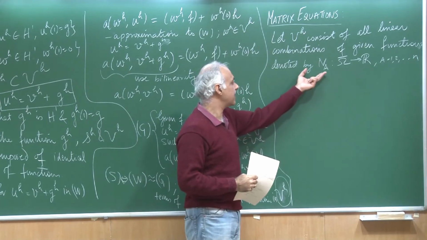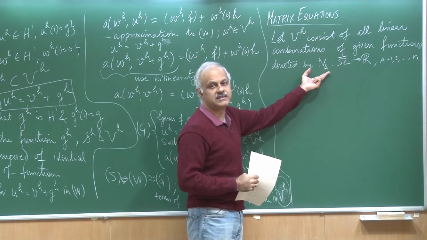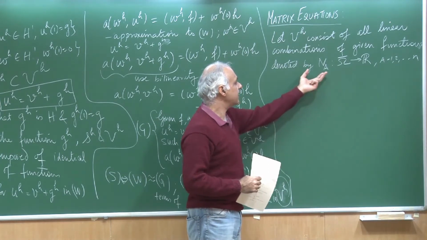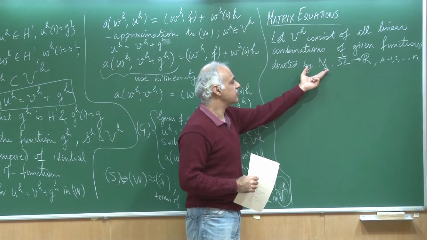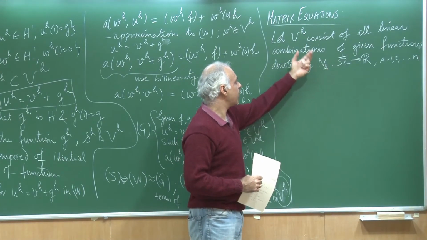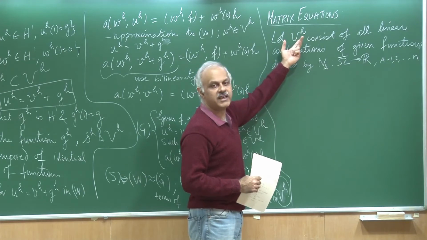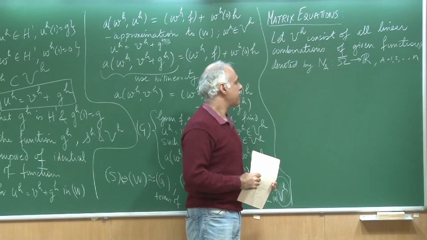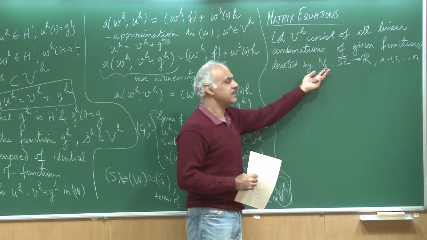Okay, so these are functions, the N_As are the basis functions, and I am saying that using linear combinations of these small n functions, they are small n in number, I can now construct a space Vh which still consists of an infinite number of functions, but they are all linear combinations of these N_As.